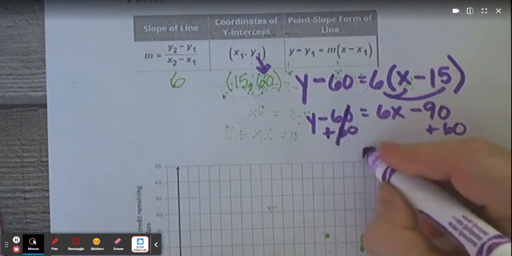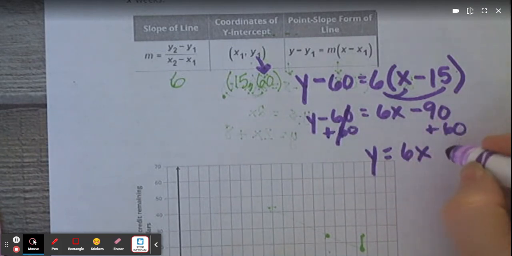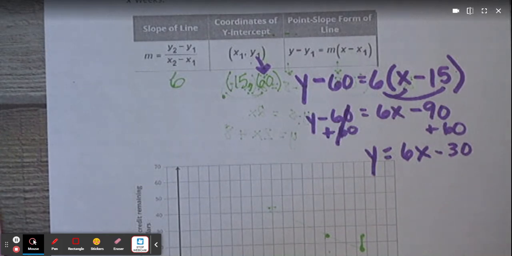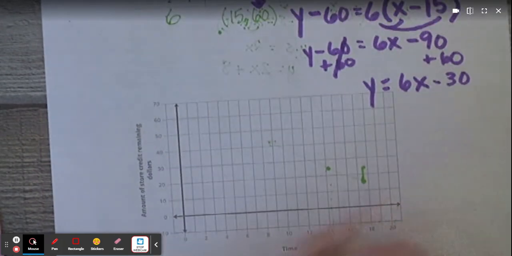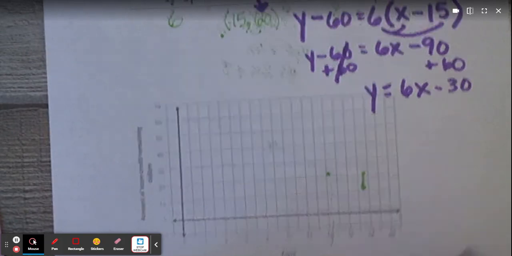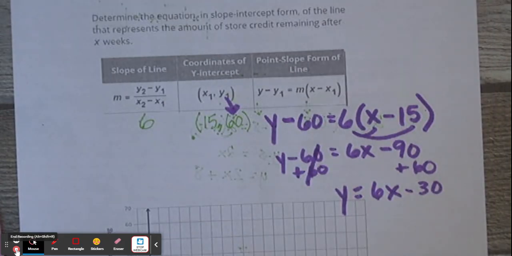These are going to cancel, and I get y equals 6x. Negative 90 plus 60 is negative 30. Just making sure I did everything correctly. Yep, I did. And then you go over here and you plot that. Okay, so hopefully that is of assistance for this difficult workspace.